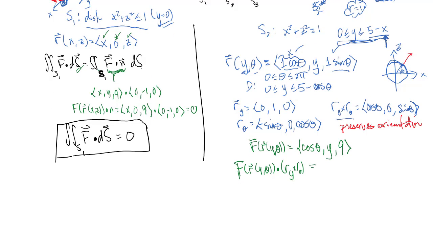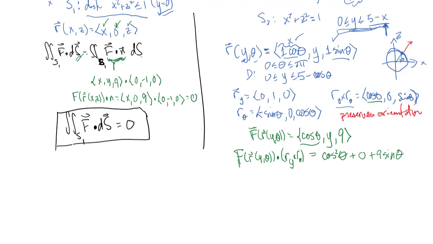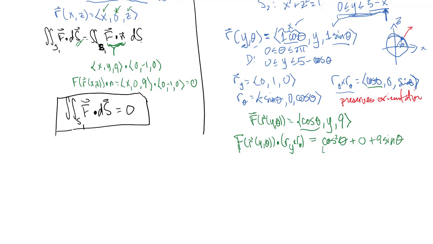And so the dot product is cosine times cosine, cosine squared theta. The dot product is going to be a scalar, so I'll put a plus sign. Y times 0 is 0, and then we have 9 sine theta. So this is our integrand. This is the thing that's going to go inside of the integral.